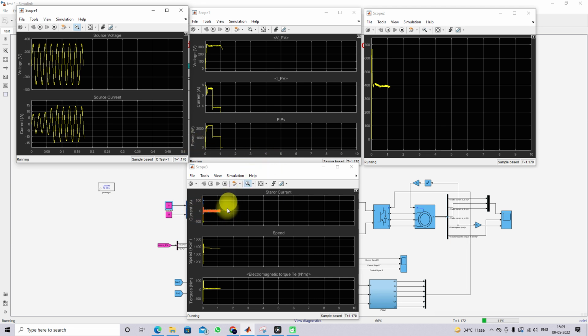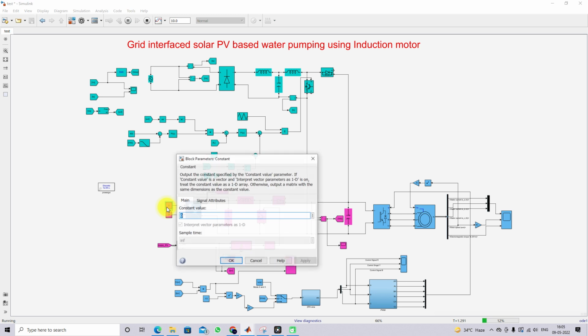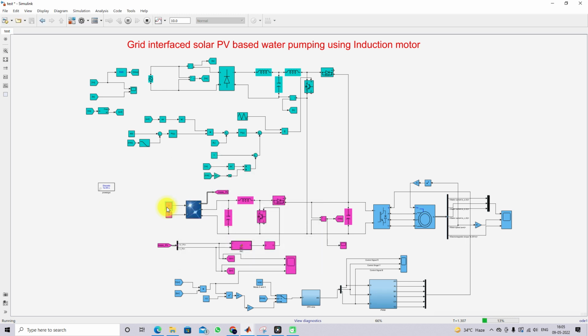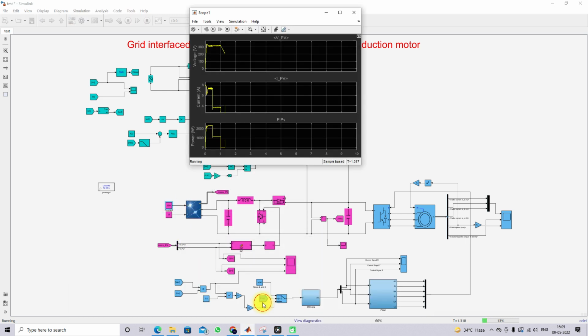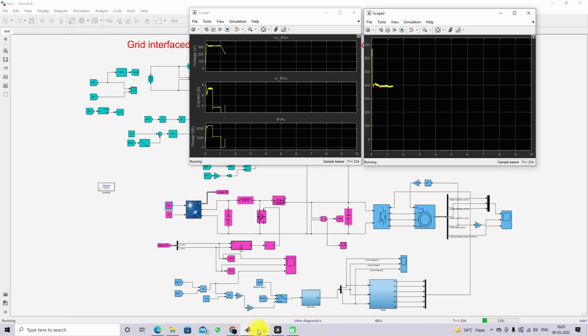Here you can see there are no changes in the stator current, speed, and electromagnetic torque of the induction machine. So the induction motor water pump continuously gets power from both PV and grid, based upon the irradiation of the system. So again I'm going to change the irradiation to 500, and then we will check the result of the system.